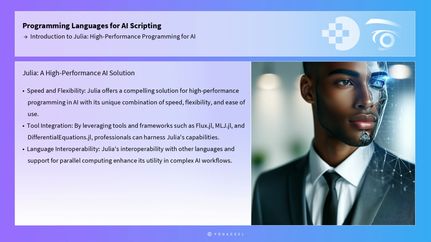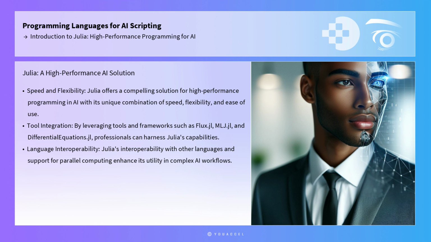In conclusion, Julia offers a compelling solution for high-performance programming in AI. Its unique combination of speed, flexibility, and ease of use makes it an ideal choice for developing and deploying AI applications. By leveraging tools and frameworks such as Flux.jl, MLJ.jl, and DifferentialEquations.jl, professionals can harness Julia's capabilities to address real-world challenges and improve their proficiency in AI scripting.